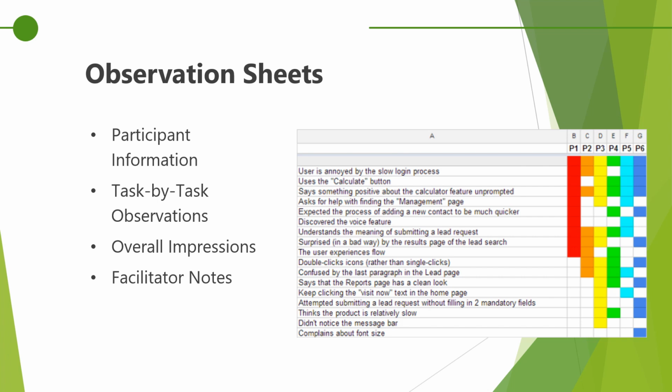And then you want to allocate space for general observations or noteworthy points that don't fit into specific task categories. And then you want to have a section for the facilitator to note any issues observed during the test or any additional comments regarding the participants' behavior or their feedback.